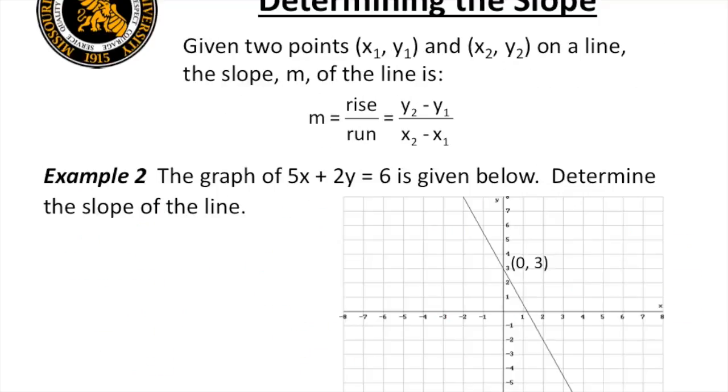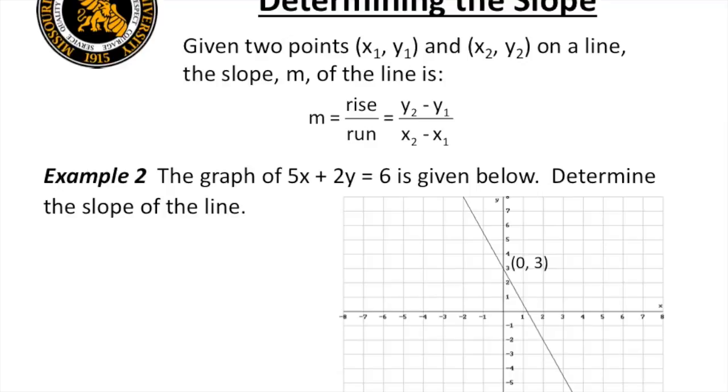In our previous example, we determined 3 ordered pairs that lie on the line that corresponds to the graph of 5x plus 2y equals 6. 2 of those points are denoted in this graph below. In example 2, we're asked to determine the slope of this line.